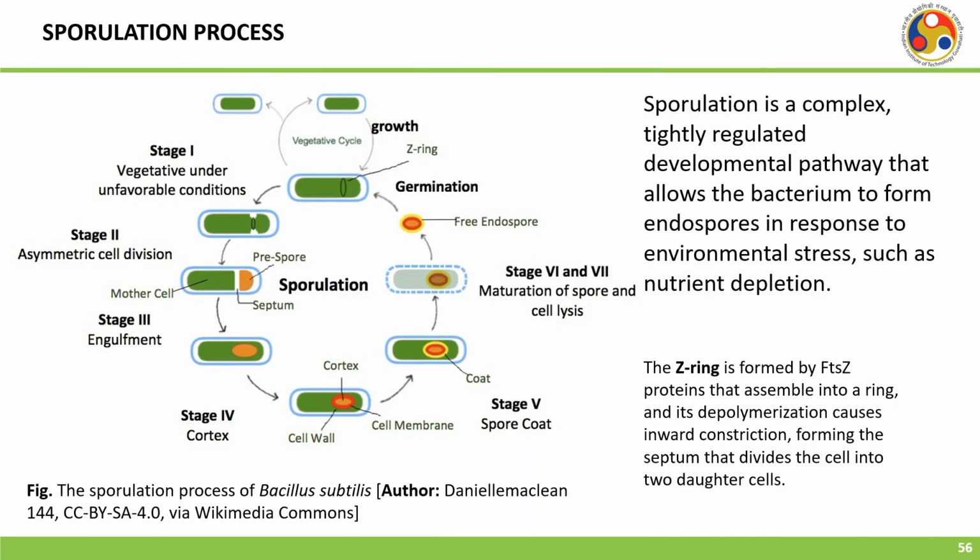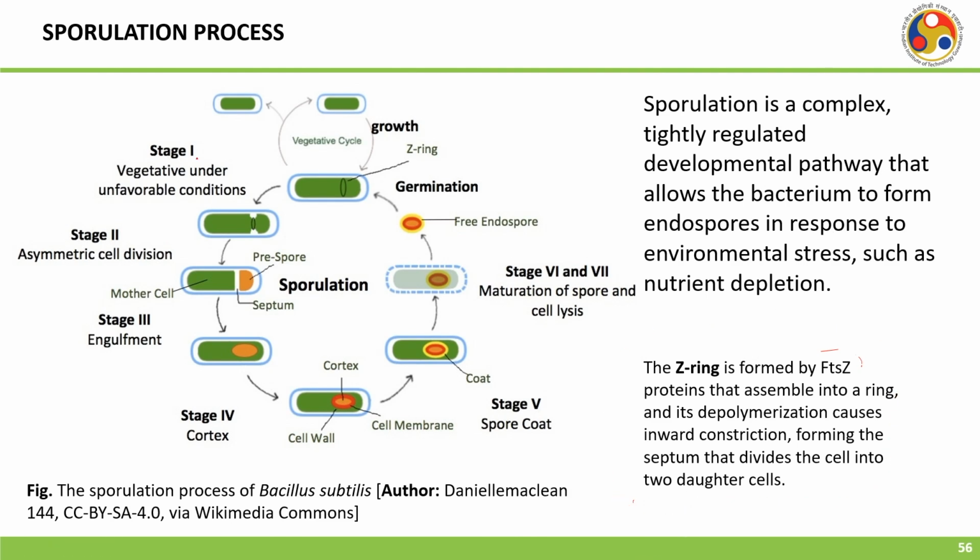Now, one thing we need to focus on here is the formation of the Z ring. This Z ring is formed by FtsZ protein that assembles into a ring, and its depolymerization causes inward constriction, forming the septum that divides the cell into two daughter cells.